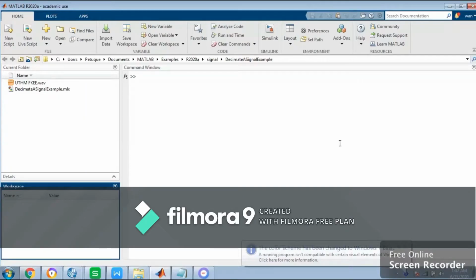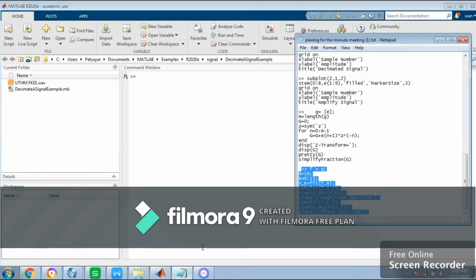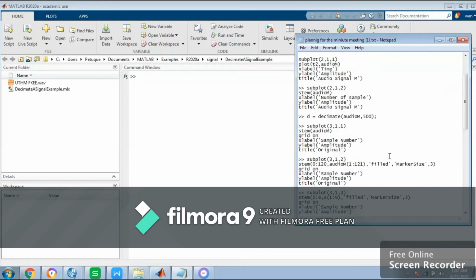Okay, so today I'm going to present the simulation on MATLAB on how to record audio in MATLAB using the wavrecord function. To save time, I'm going to copy and paste the coding from the notepad to MATLAB.